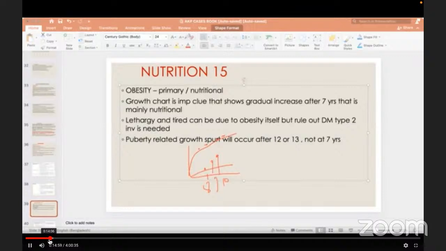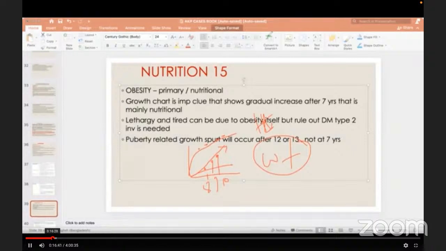And this is not puberty. In puberty, the child can gain height, but he will not have so much weight. The weight you can see in your book is very, very high, going upward, but the height is okay. It is also high. That is called nutritional obesity. It is not a pubertal growth spurt. Can you say why?